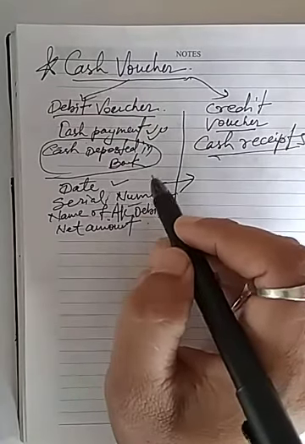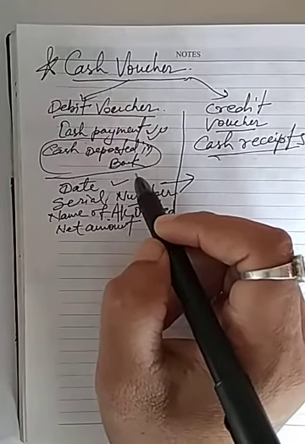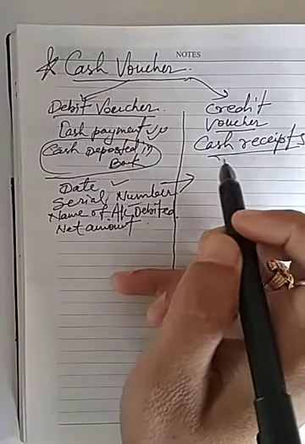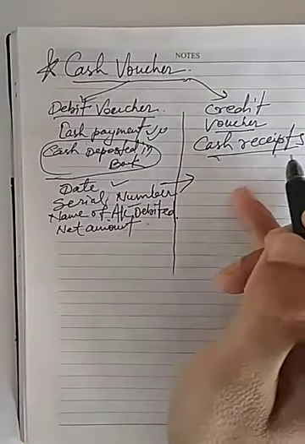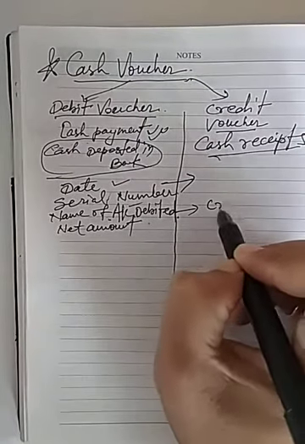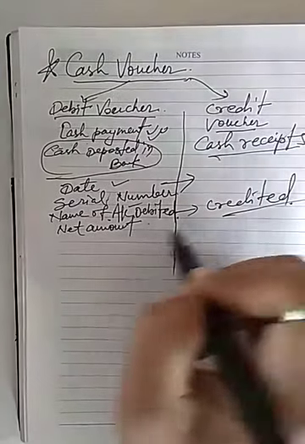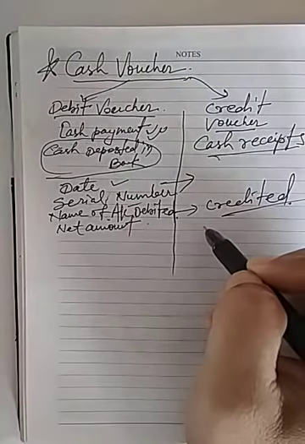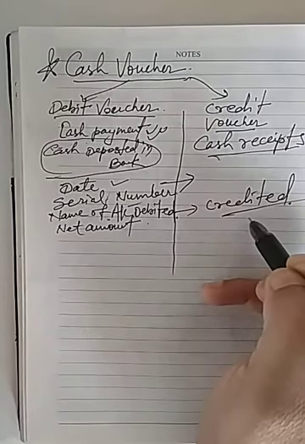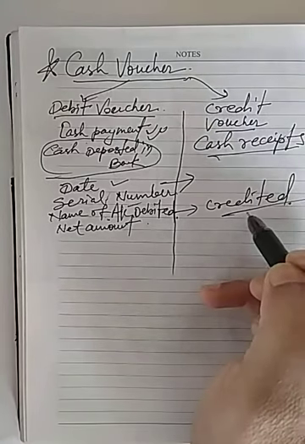A credit voucher also contains the date of preparing the voucher, serial number, name of account credited, net amount, and source document number, say cash memo number, etc.